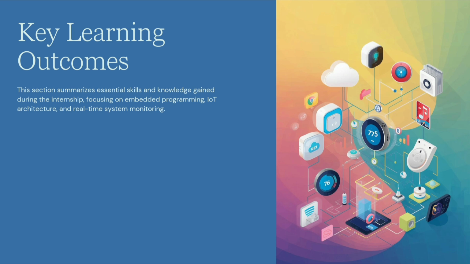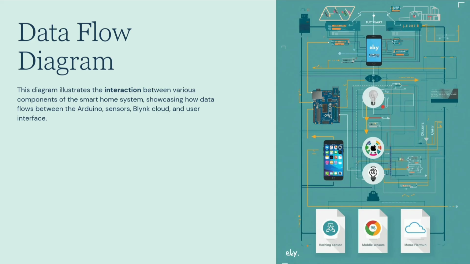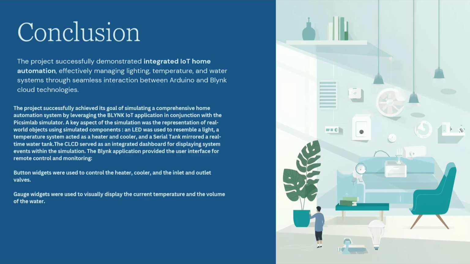It interfaces between the components of a smart home, showing how the data flows between the Arduino sensor, the Blynk cloud application, and a user-friendly interface. Conclusion: this project successfully achieved its goal of simulating a home automation system, leveraging the Blynk IoT application in conjunction with the PicsimLab simulation.